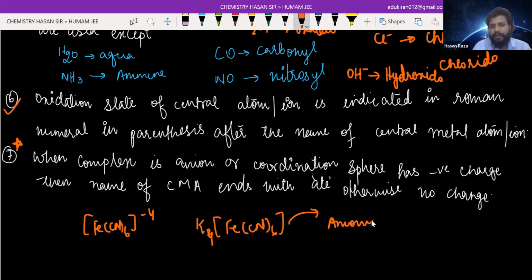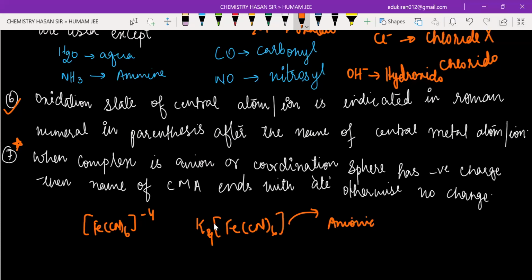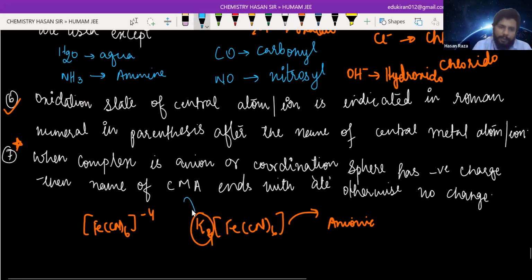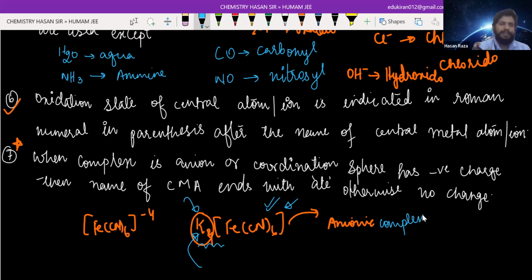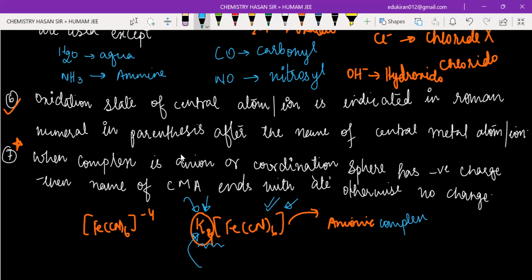The positive counter ion combined to neutralize this complex, and since positive is neutralizing, there must be a negative charge. So this is your anionic complex. Either you can see the negative charge directly, or there will be a positive counter ion. Are you getting my point, all of you?